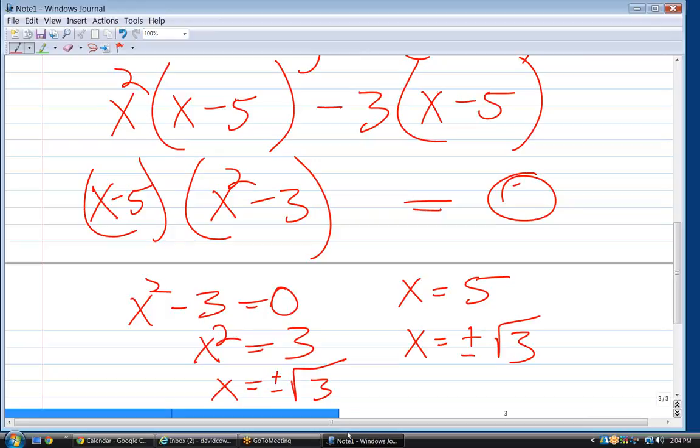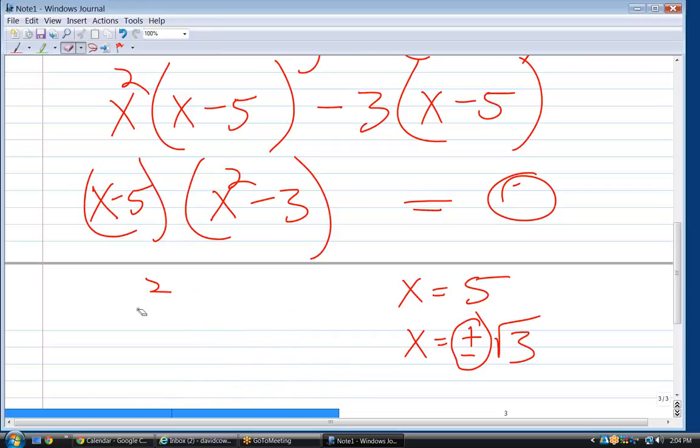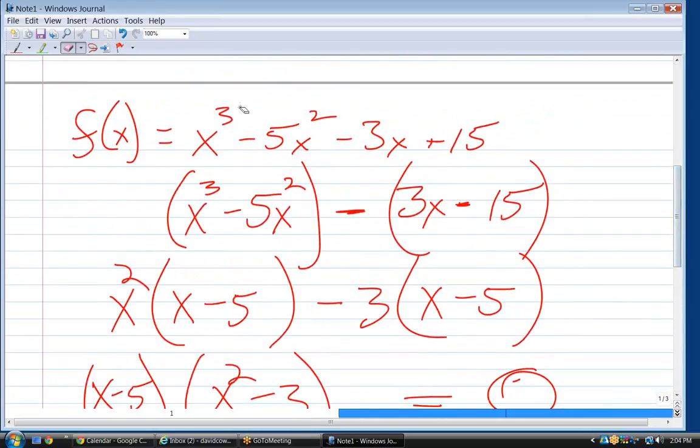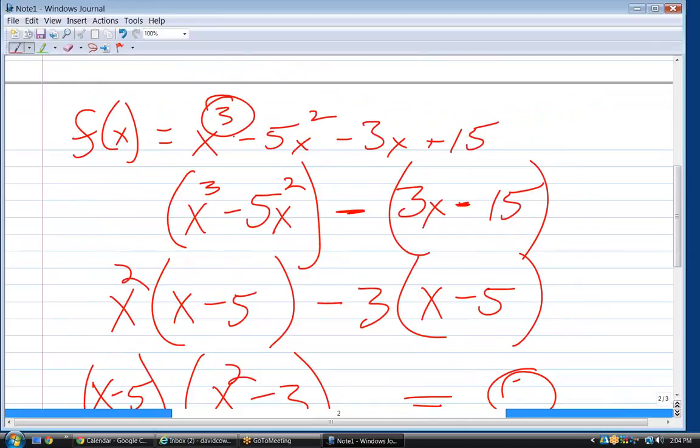Okay? And the thing most people forget is this plus or minus. What should help you to remember it on this particular problem is the fact that we start out with a cubic. When we see that we're starting with a cubic, we need to expect 3 solutions. Not 2, not 1, but 3.